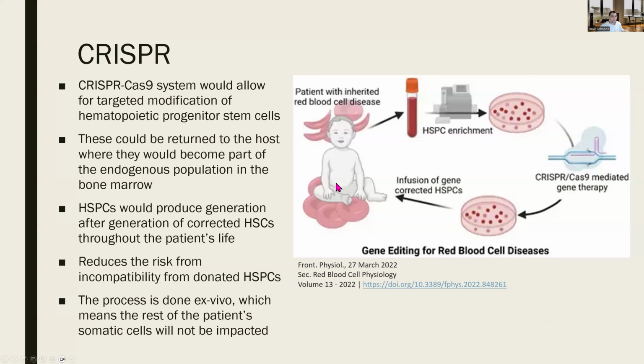And essentially, this person's body is set for life. This fixes the problem with these red blood cells, but doesn't introduce any additional risk of mutating the patient's other somatic cells. And in this way, we might be able to correct inherited red blood cell diseases like beta thalassemia, like sickle cell, permanently in this population.